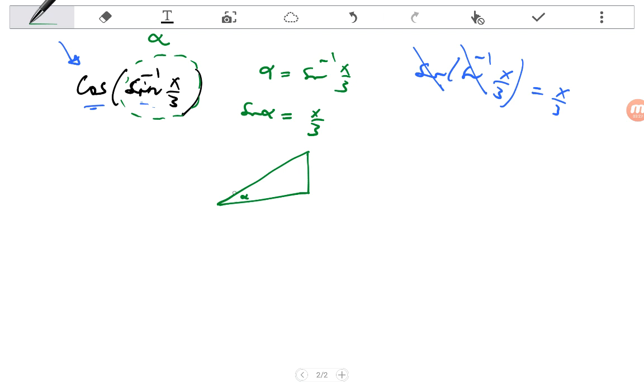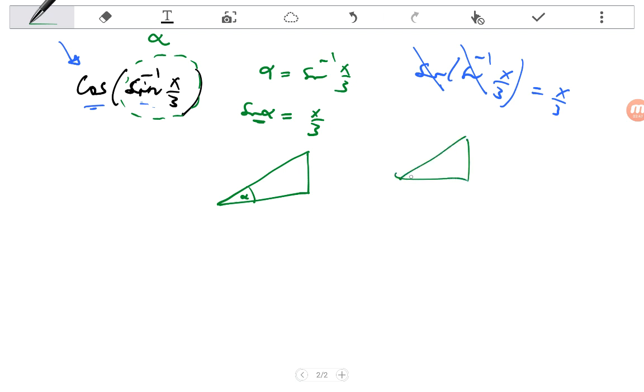Okay, now we'll have this triangle with angle alpha. The sine is x over 3. How do we depict that on the triangle? Do you remember what the sine is? It is the opposite over the hypotenuse.